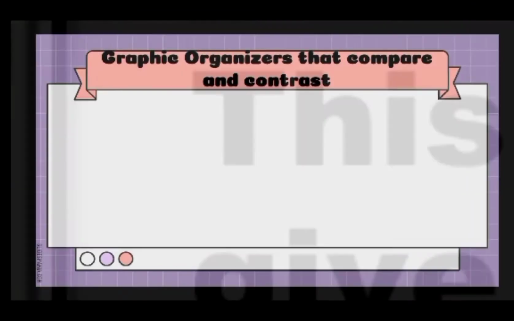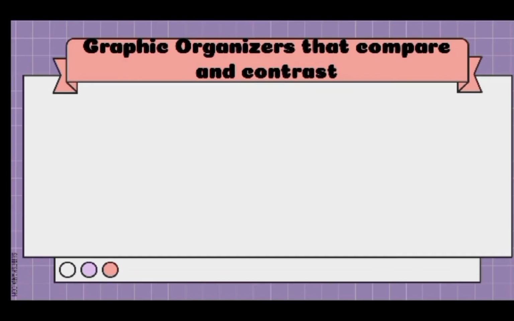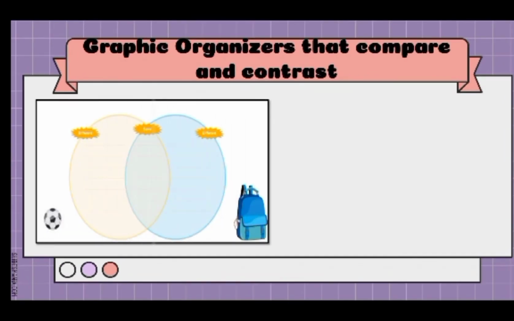The second one is the most commonly used organizer in comparing and contrasting, the Venn diagram. It consists of two or three overlapping circles. To identify the differences and similarities between two or three concepts, we write on both sides their differences.